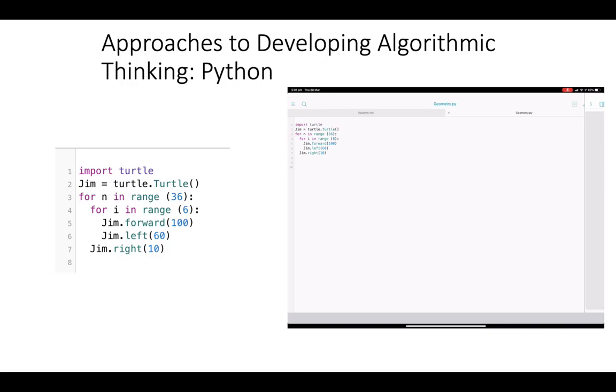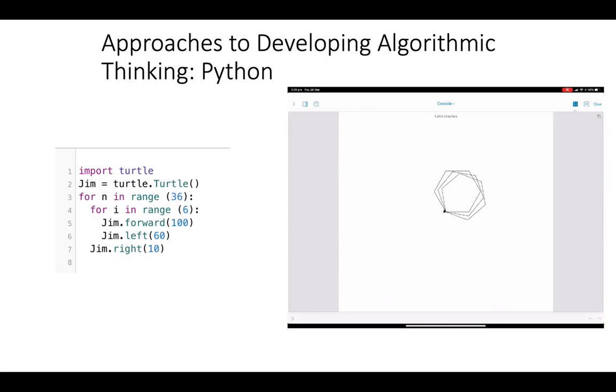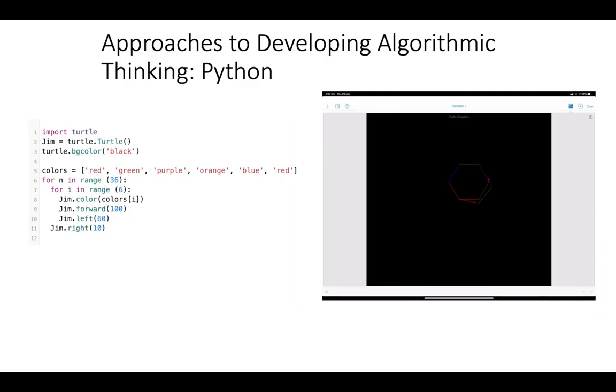Have a look at the code that I've put here and try to imagine what the output will be. Okay. We can also change various things.